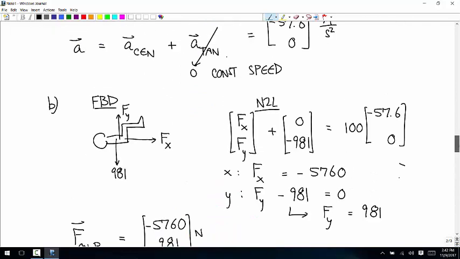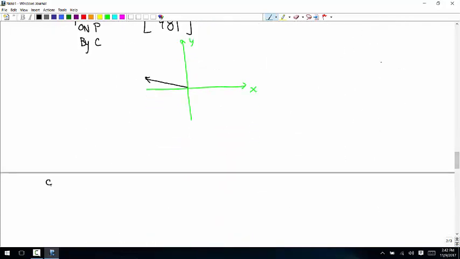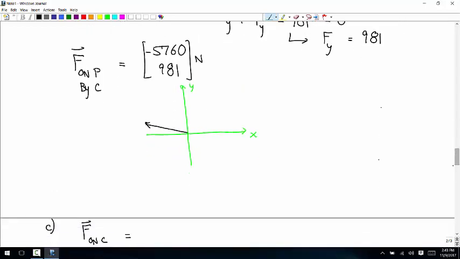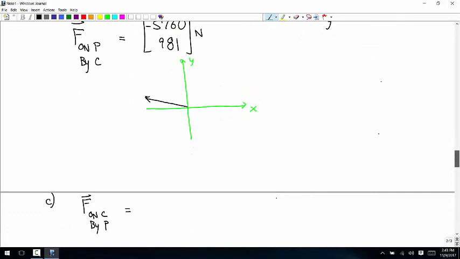Okay, so then for part C, as the people designing this plane, what we really want to know is the force applied to the chair by the pilot, so we can figure out the materials to use in construction. So the force vector on the chair by the pilot, Newton's third law says it's just going to be equal and opposite to this one, because that's just a contact force.